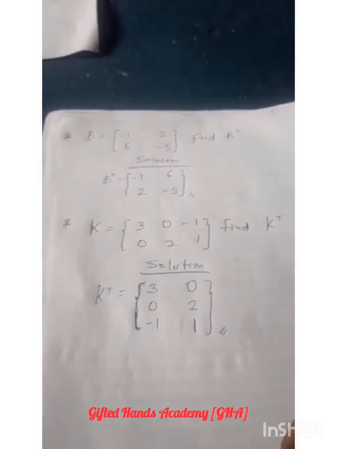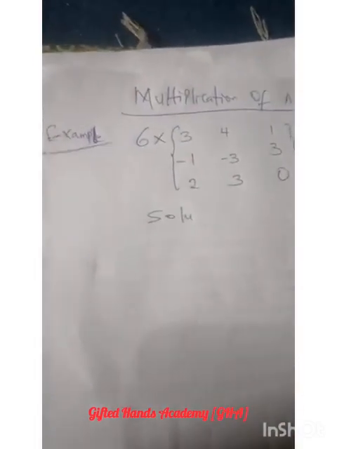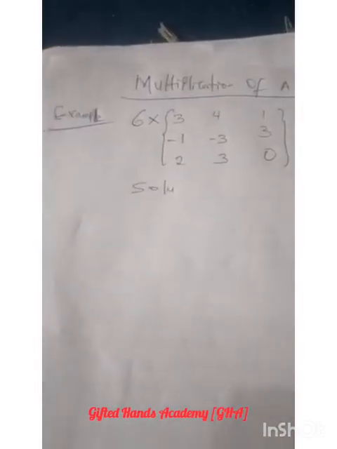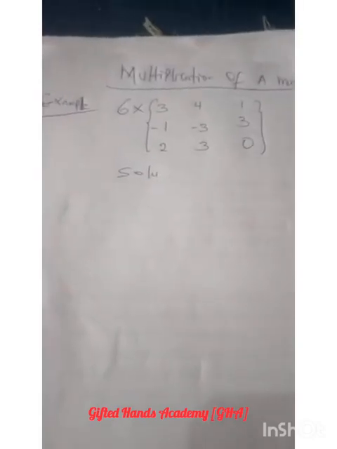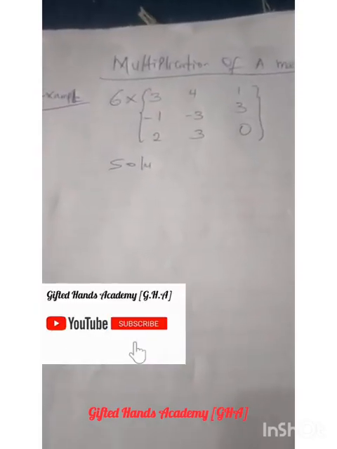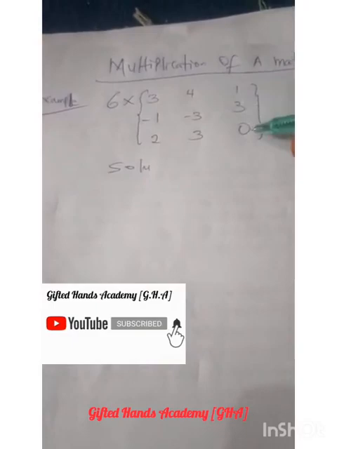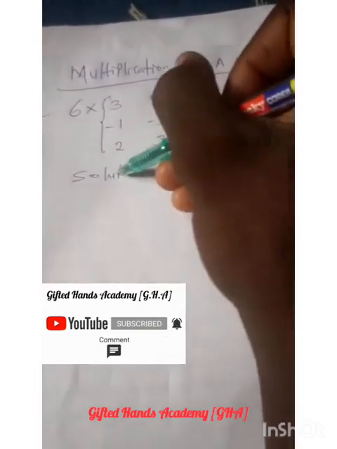So let's move to multiplication of a matrix. Okay, so we'll move to multiplication of a matrix. I have this question: 6 times this 3 by 3 matrix. So my solution.